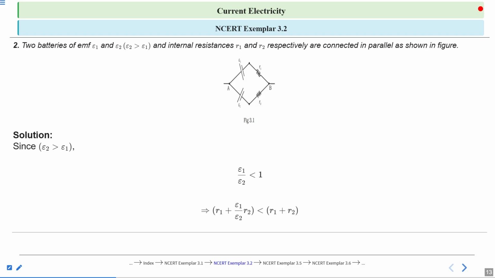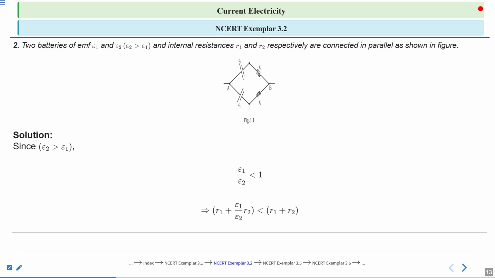So from the equation in the previous slide, R1 plus epsilon 1 upon epsilon 2 R2. Since epsilon 1 upon epsilon 2 is less than 1, this term on the left hand side of the inequality, epsilon 1 upon epsilon 2 R2, will be less than R2.